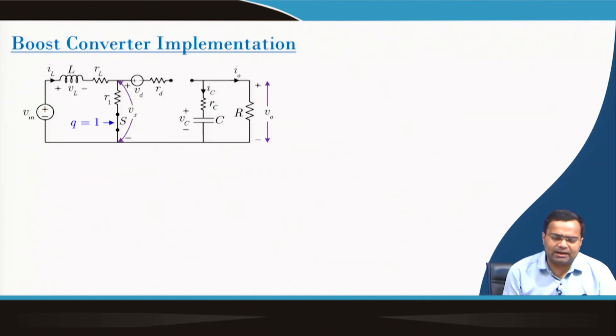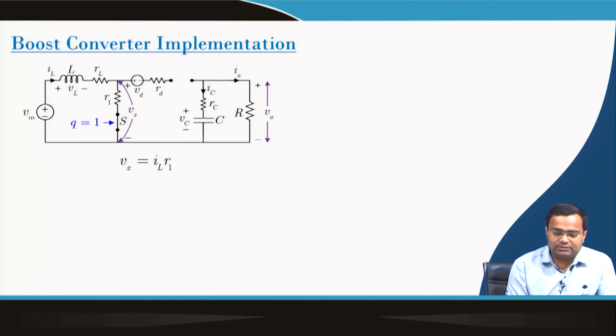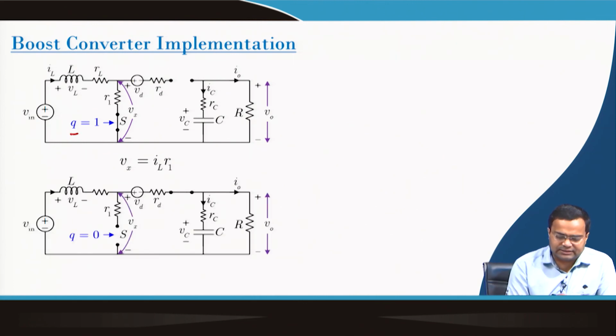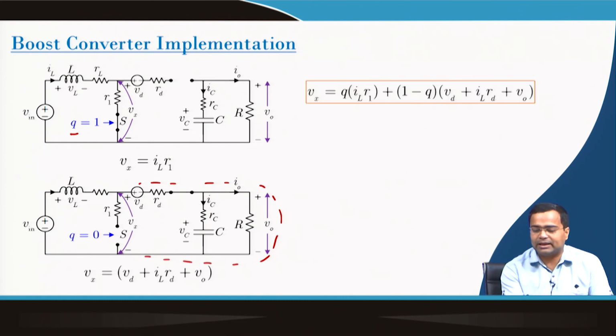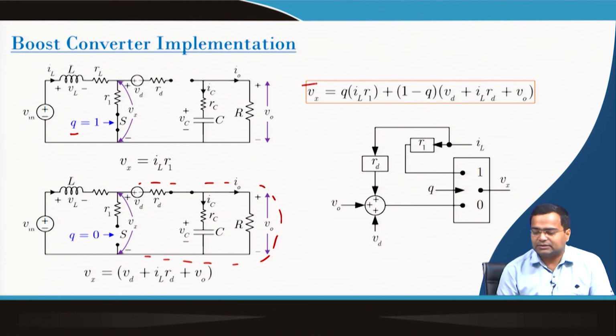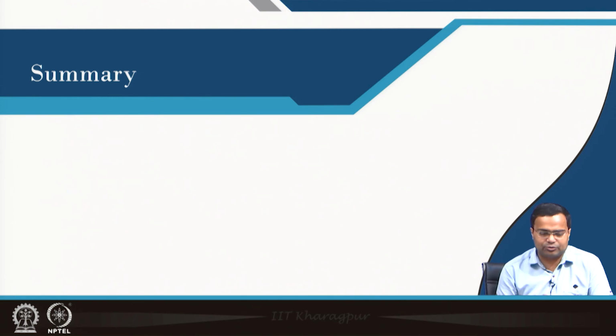So, for the complete diagram of the boost converter, the switch node voltage is equal to IL times R1 when Q1 is on, and it is equal to VDD plus IL RD plus V0, looking at this terminal, when the switch is off. You can plug in this switch node voltage, and that can be realized using this switch block in Simulink.